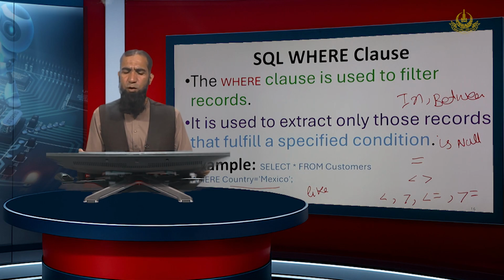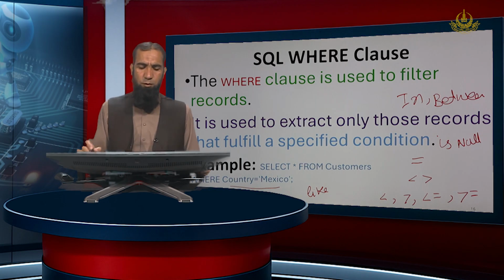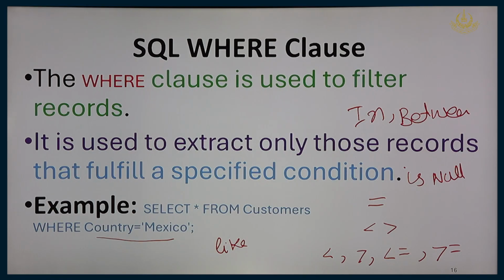For instance, we can use select star from customers where country in Mexico, comma, Pakistan. This query retrieves only those customers which are from Mexico or from Pakistan.